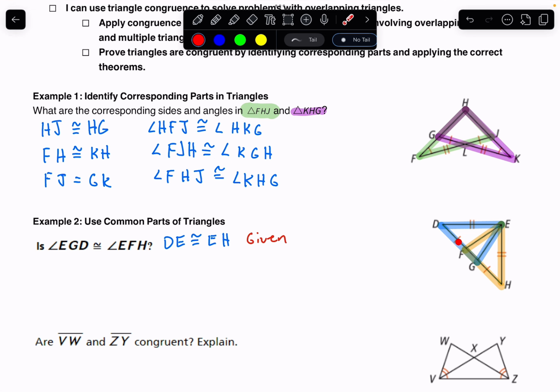So I know that DG is going to be the same length as HF, because when I add these two pieces, it'll be the same as adding these two pieces. That is our segment addition postulate. I can say that DG, that blue side, is congruent to FH because those pieces added together are congruent. So that's the segment addition postulate.